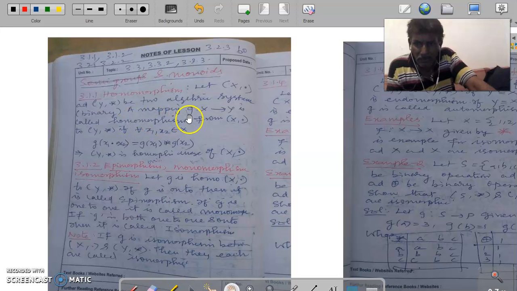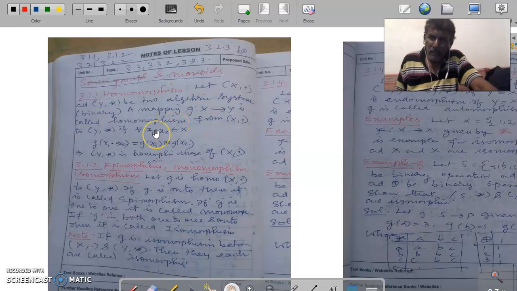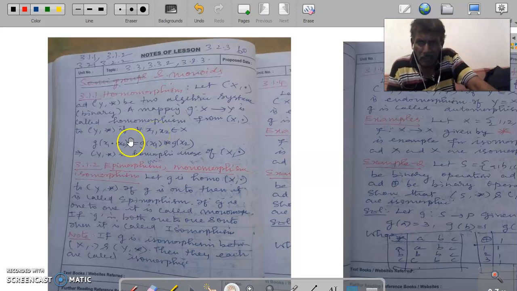A mapping g from X to Y is called a homomorphism if it satisfies this condition, that is, for all x1, x2 belonging to X, we should have g(x1 dot x2) equals g(x1) star g(x2).